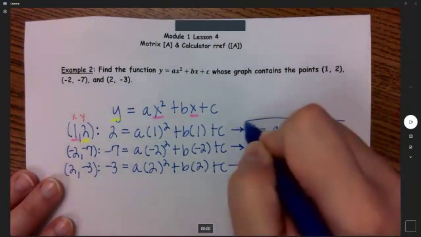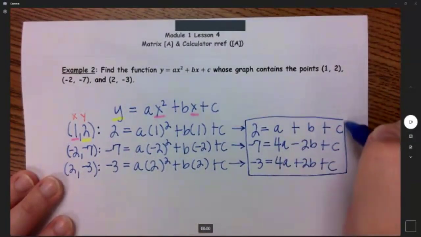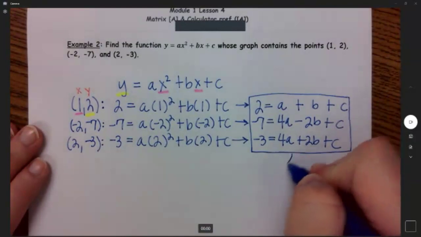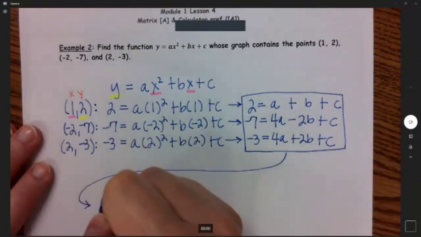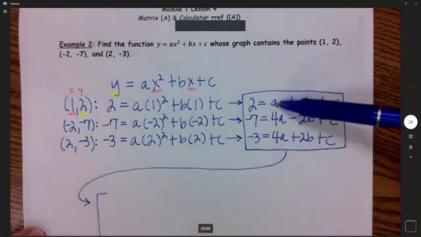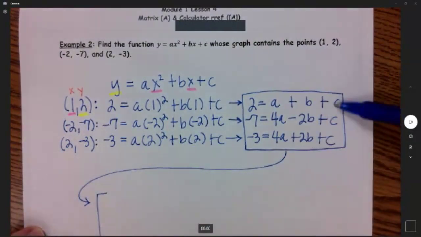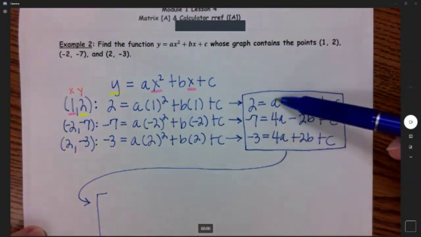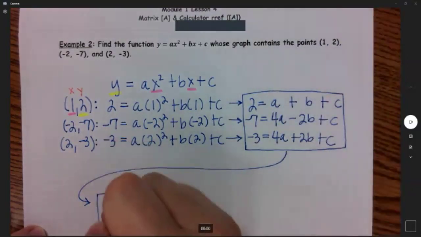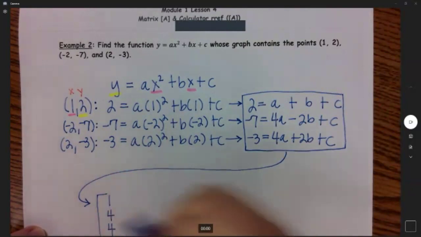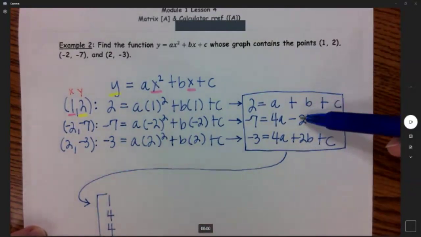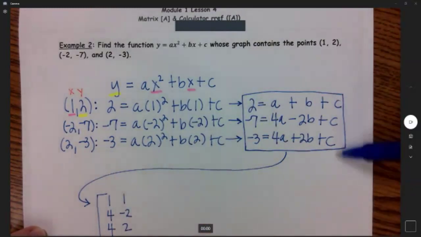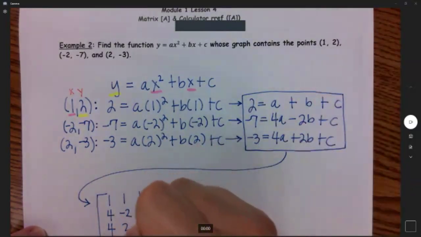So now I'm going to take this right here and use this to make my augmented matrix. Augmented matrix is my A column, my B column, my C column, and then this needs to be on the other side of that equal sign. So my A column is 1, 4, 4. My B column is 1, -2, 2. C column is 1s all the way down.